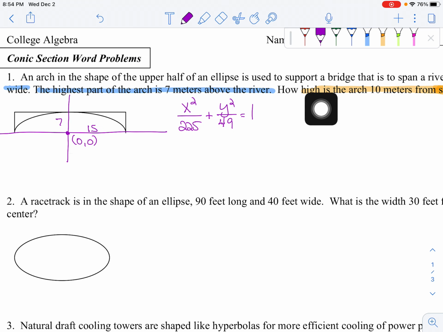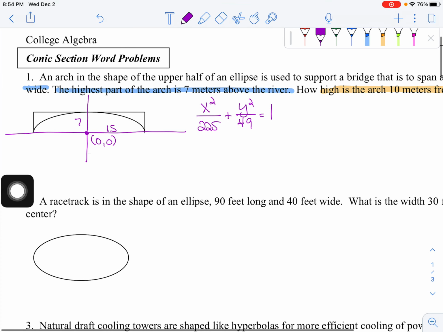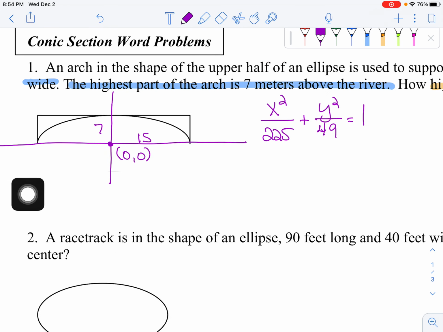It says, how high is the arch 10 meters from, and I know the word over here is the shore. Right now, if we look at our picture, the shore is over here. That would be the edge of the river. That's where the bridge is going to touch down. And we want to go 10 meters from the shore, which means I'm going to cut in 10 meters here.